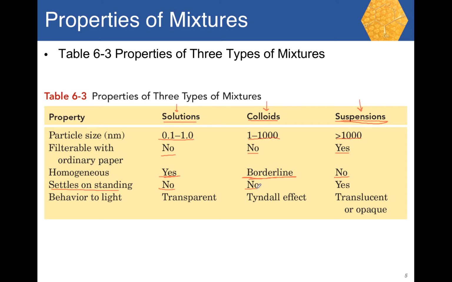You come back, whipped cream, for example, the next day. It is still whipped cream. But if you have a solution of black pepper and water, you come back the next day, you'll see the black pepper at the bottom and the water at the top. So it's separated out. Behavior in light. So you shine a light through sugar and water, transparent. You shine a light through a colloid, the light scatters. We call that the Tyndall effect. So the light will scatter.